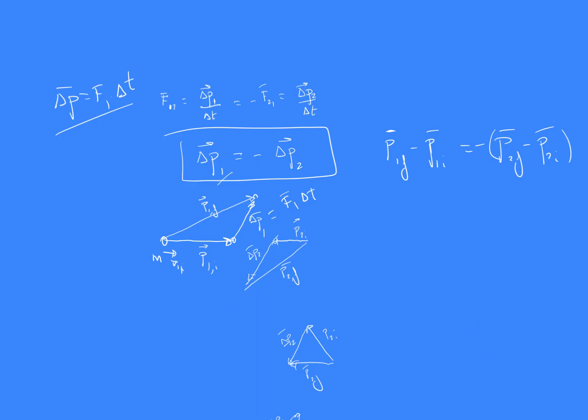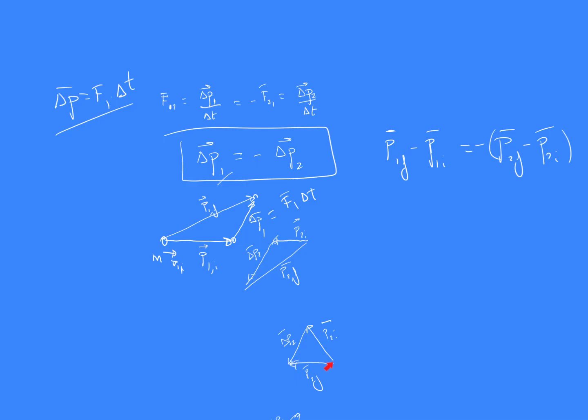So let's say, for example, that P1 is going in this direction, P1 initial is like this, P1 final is like this, and delta P1 is like this. But let's say that now P2 is in this direction. So if P2 is coming in this direction and has a collision with the object 1, the change in P2 is the same change that P1 has but opposite.